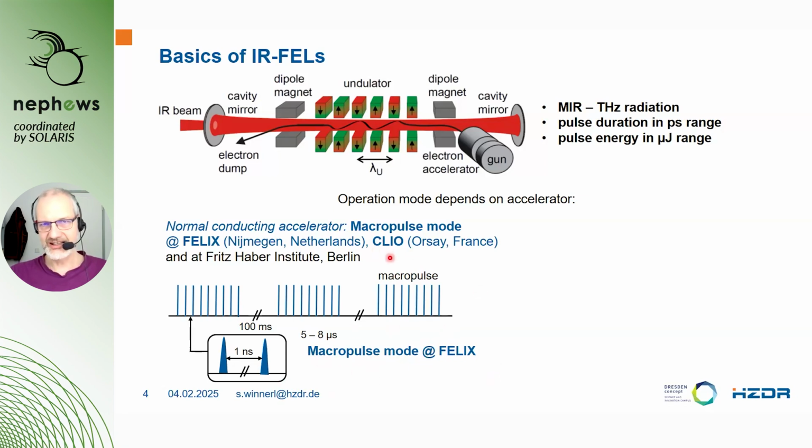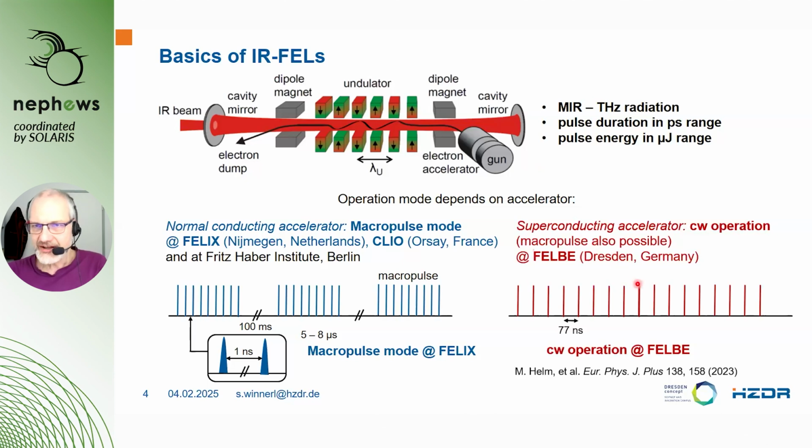Very similar is the Clio facility in France, also a user facility, and at Fritz Haber Institute in Berlin, there's also a similar laser, but it's not a user facility. So where this pulse is emitted, and when such a pulse train is a few microseconds long, and when there's silence over 100 milliseconds, so with a 10 Hertz repetition, rather low repetition rate, these macro pulses are repeated.